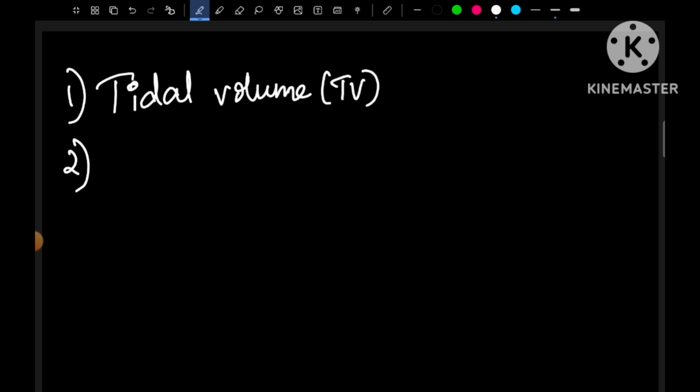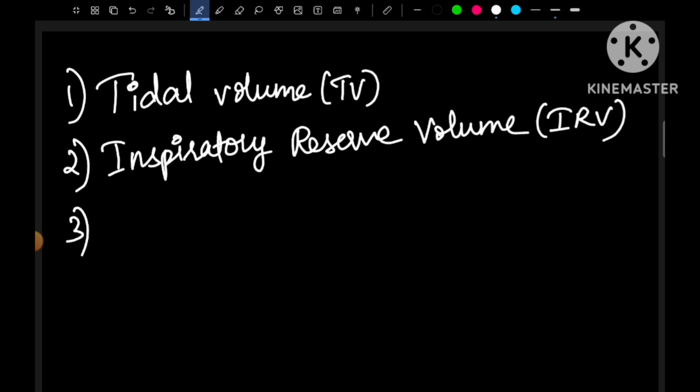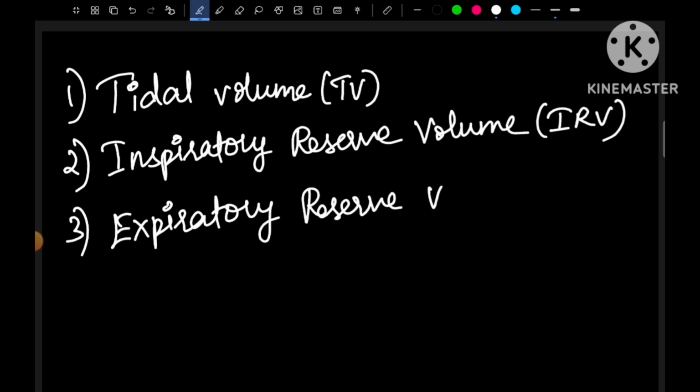Second, what we saw, it is inspiratory reserve volume, IRV. Third one is expiratory reserve volume.